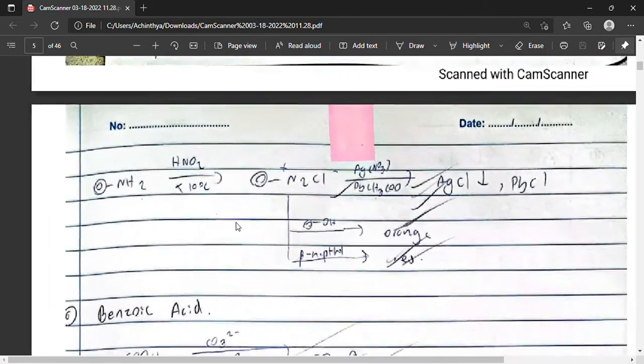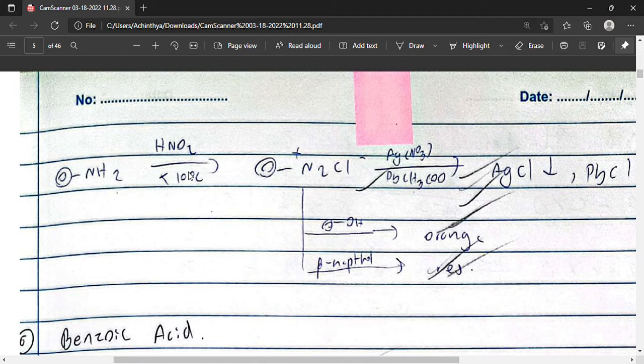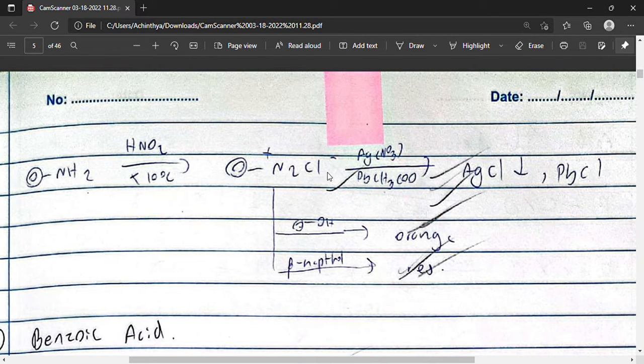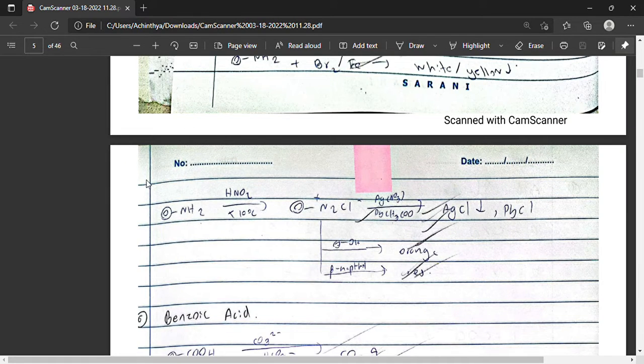Another thing we can do with aniline is react it with nitrous acid below 10 degrees Celsius to form what you would call a benzene diazonium salt, and we can produce azo dyes with it. Basically, if we were to add phenol, we get an orange azo dye, and if we add beta naphthol, we will get a red azo dye, and that is a great way of identifying aniline indirectly.